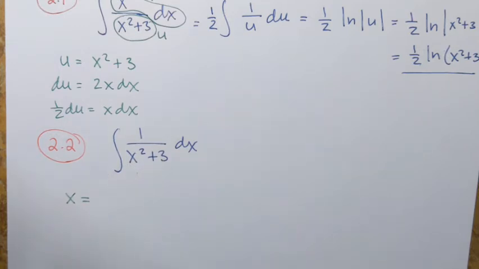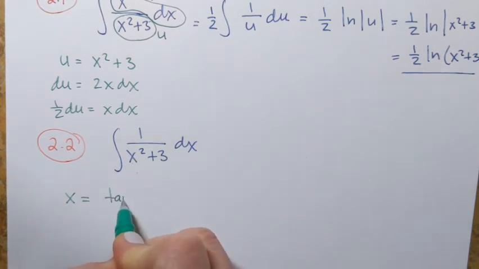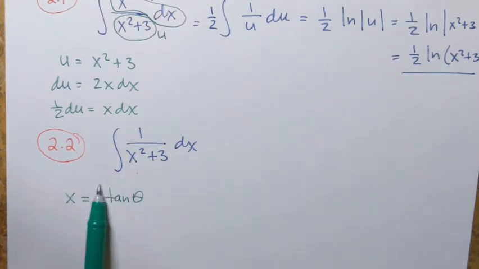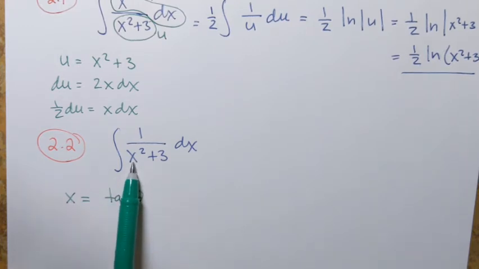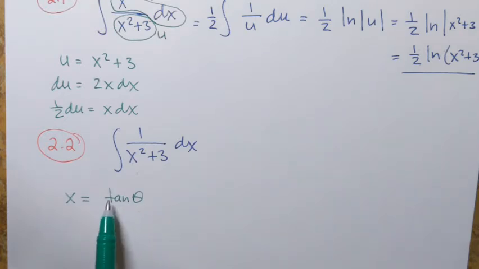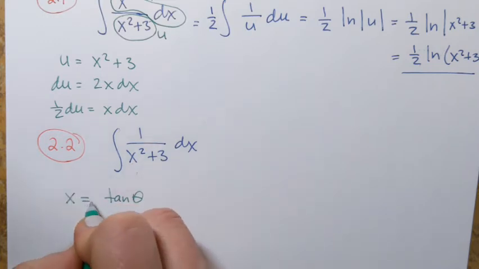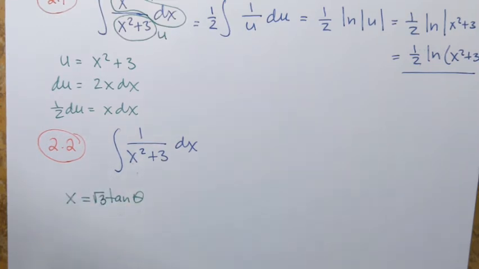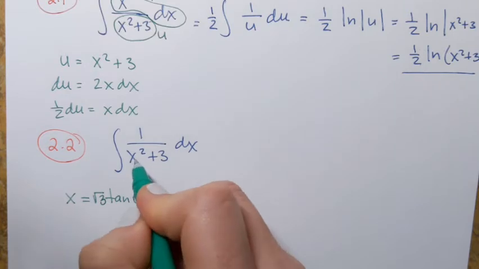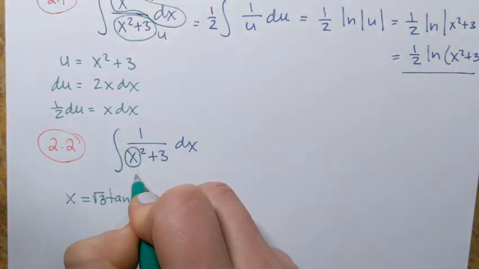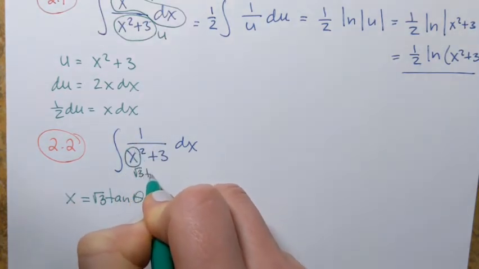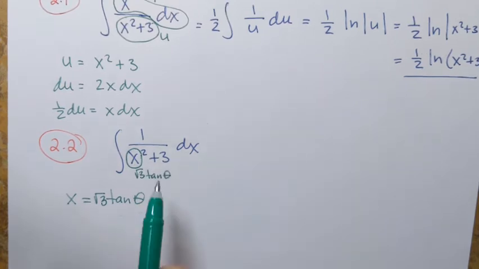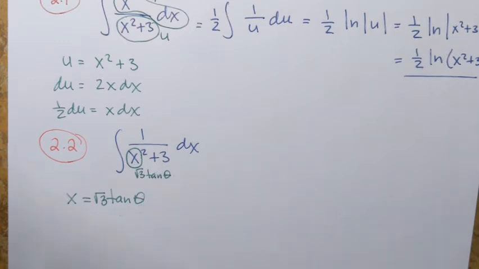So I will be using tangent of theta, but once I plug it in for x, I have to end up with 3 tangent squared. If I want to end up with 3 tangent squared after I square, it means that I have to start with square root of 3 tangent theta, right? So x is square root of 3 tangent of theta. Once I square that, I'll get 3 tangent squared of theta, and I will be able to factor out 3.